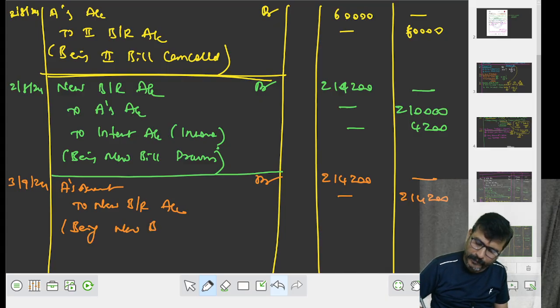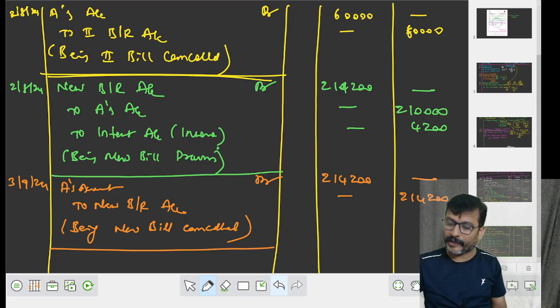Being new bill cancelled. ओके, कैंसल भी हो गया.